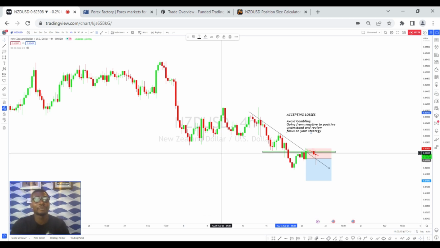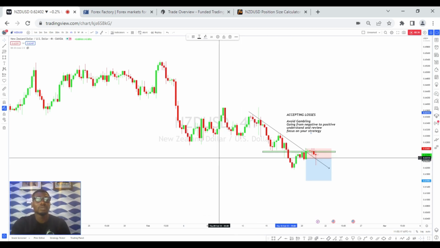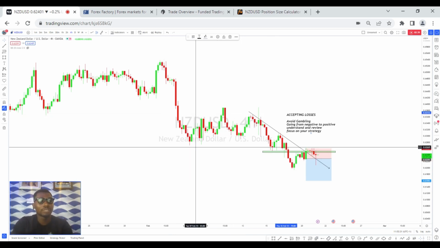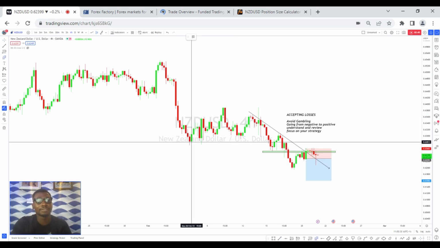From the 4-hour time frame, we can see that the market is making lower highs and lower lows. From this particular trade, you can see something like this.